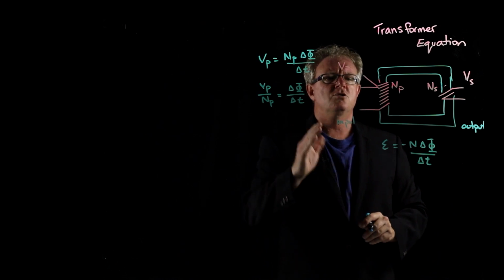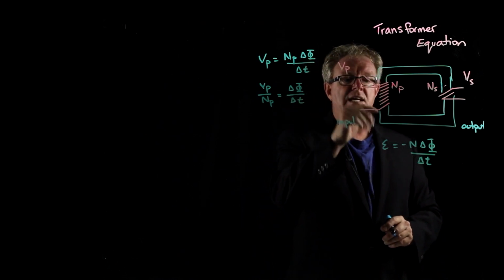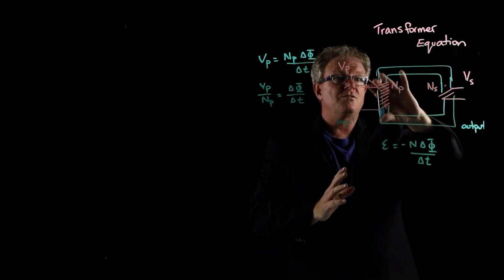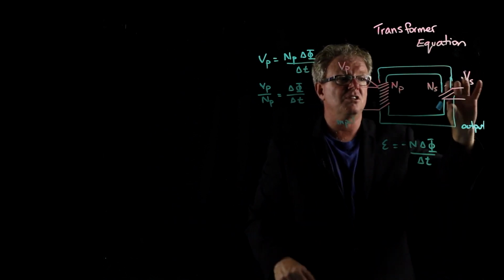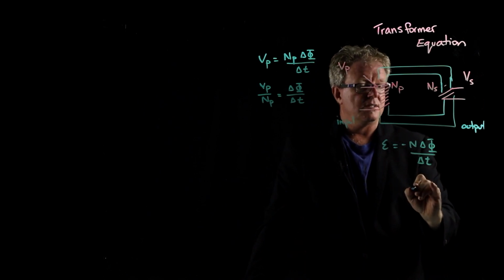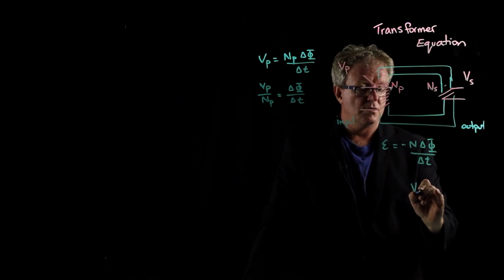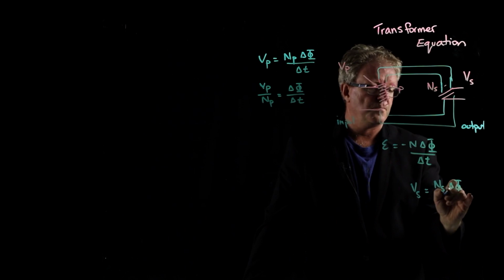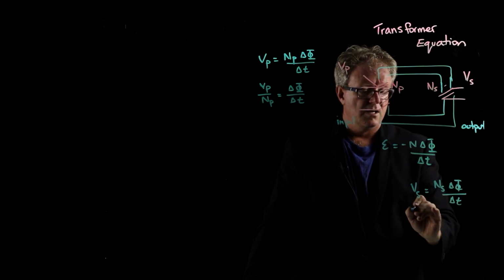The EMF that's induced here will be transformed 100% to the EMF over here. So we can use the same equation. Let's say we've got VS is equal to NS times the change in flux over change in time.